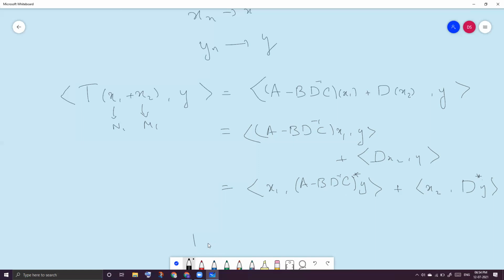Yeah, so what I'm saying is that adding this h2 here doesn't change the thing, because the inner product of h2 with this one is again going to be 0. Similarly, adding an element of N1 here will not change anything.